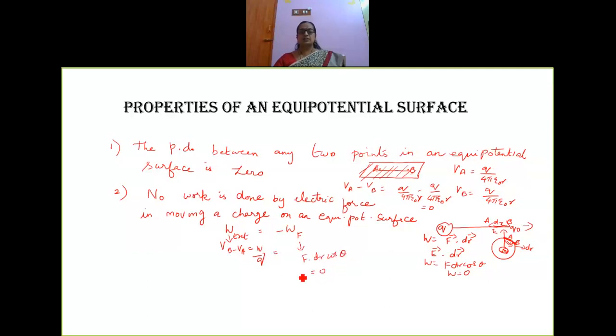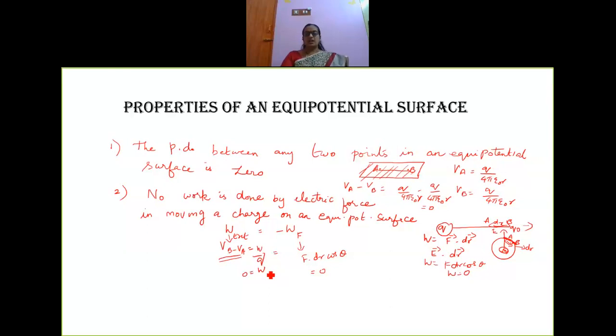Here it is 0, and here also, if the potential is going to be same, I told you in an equipotential surface the potential is going to be 0. So in that case, here work done also will be equal to 0.